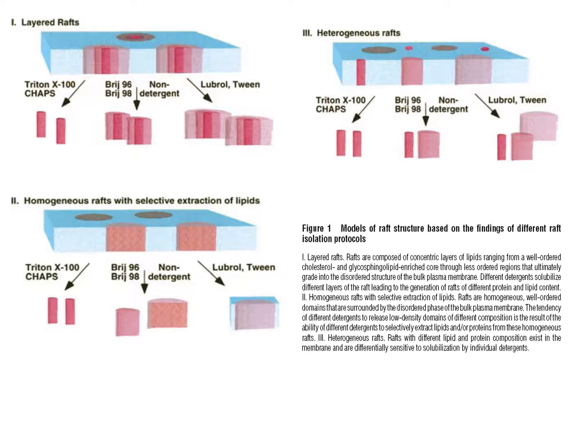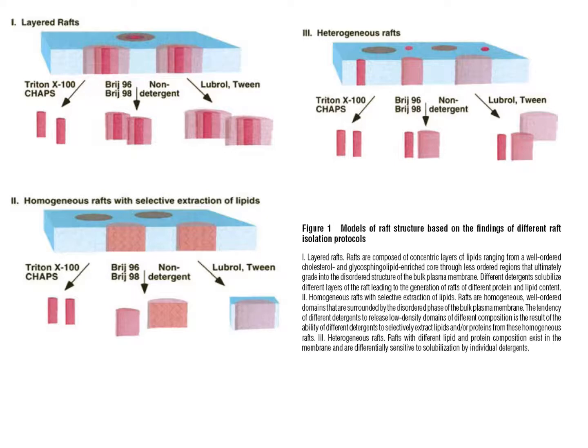Then if you had a layered raft under certain detergents, such as the Tween, you would end up getting the whole layer and it would look like that. If it was all these lipids together and the cake was all smashed together and all the layers were one, it would be a homogeneous raft.